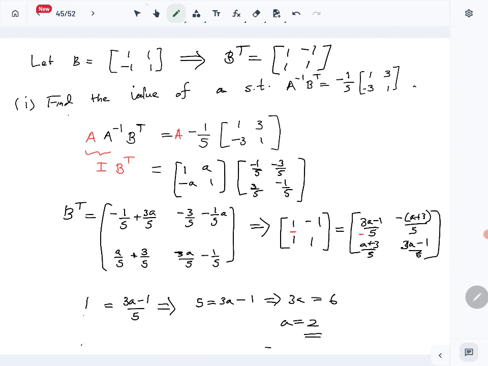So that is our answer. You can double check by just plugging it into this element. If I plug a equals 2 here, 5 over 5 is 1, which is what we want. Here you get 5 over 5 and a minus sign, minus 1 is correct. And here you get plus 1, plus 1. So this is correct.